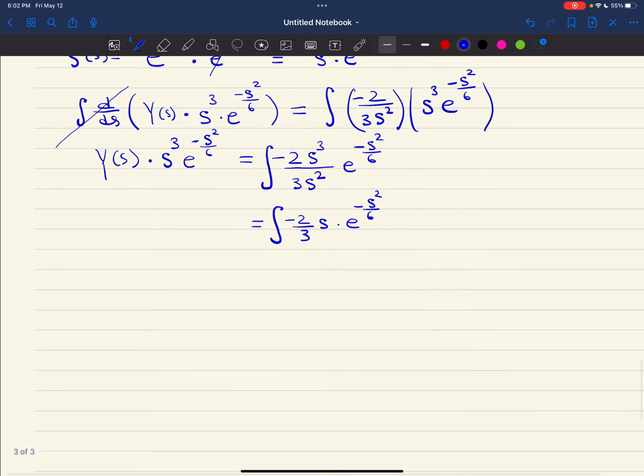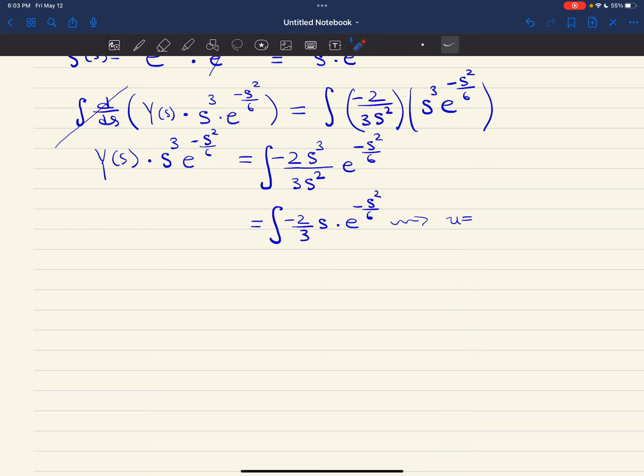Okay. And yeah, let's integrate right now. So if you integrate, as a side note, you have to be smart about what u is, right? You cannot let your u be here. You don't want to use integration by parts really quickly. You want to try to do it by using u substitution first, right?